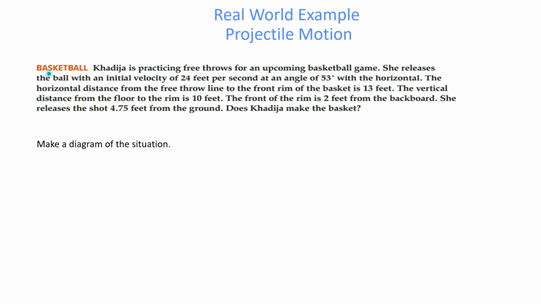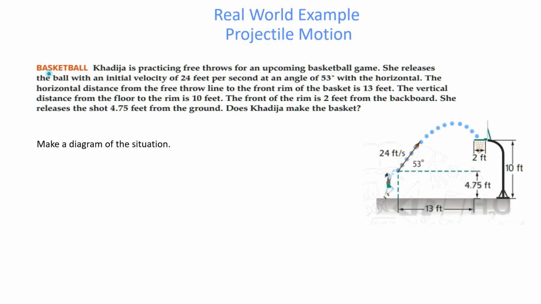Now, let us first make the diagram of the situation. If you see, Khadija is standing here. She released the ball from a height of 4.75 feet from the ground. The initial velocity of the ball was 24 feet per second and the angle with the horizontal was 53 degrees.